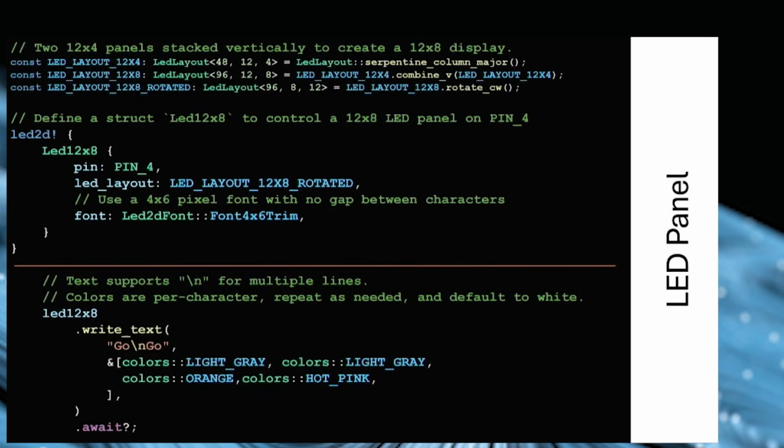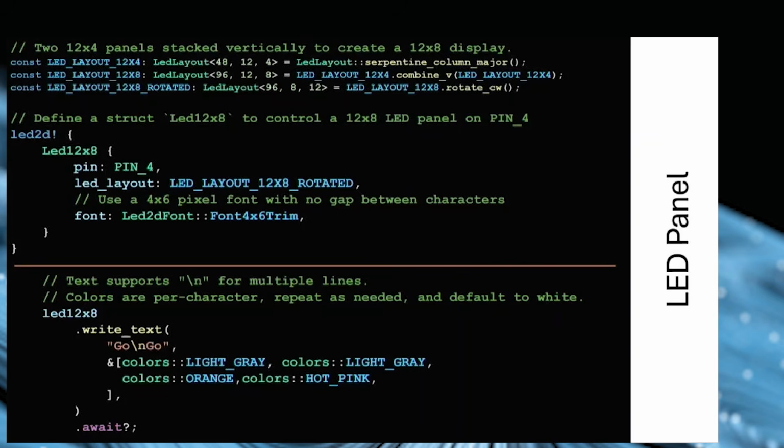So let's look at how we do text to a 2D LED display with the device-envoy library. The first thing we have to do is tell the program how this crazy display is wired. So this is actually a standard wiring, serpentine column major. So we can just say that we have an LED layout of that type and that it's 12 by 4.